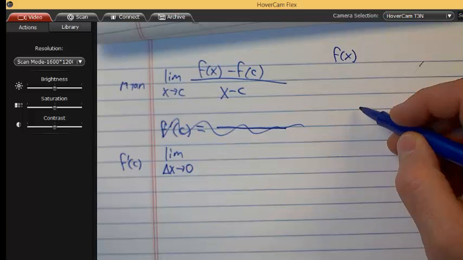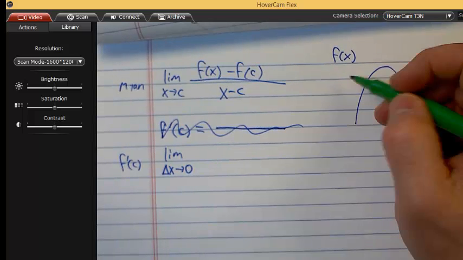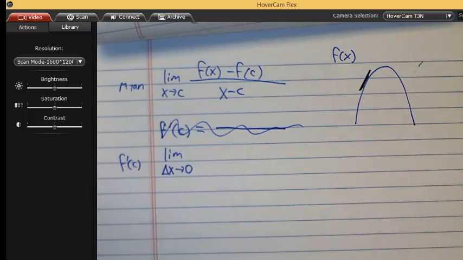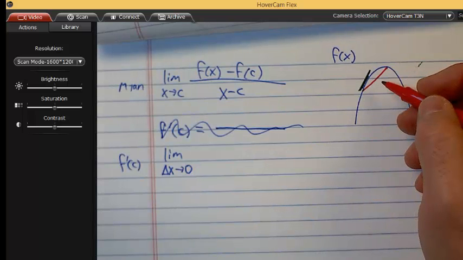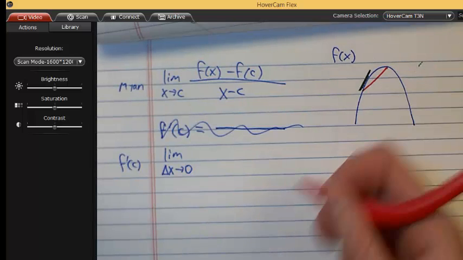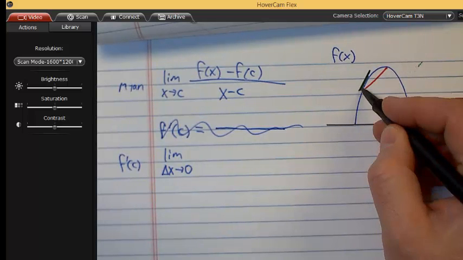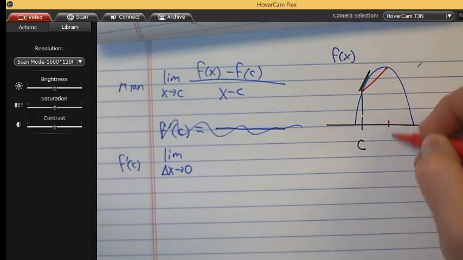I had a function, remember this? And what I did was I wanted to come up with that slope of 2. So first I computed a slope of 3. On the x-axis, this value here is c. This value here is x.